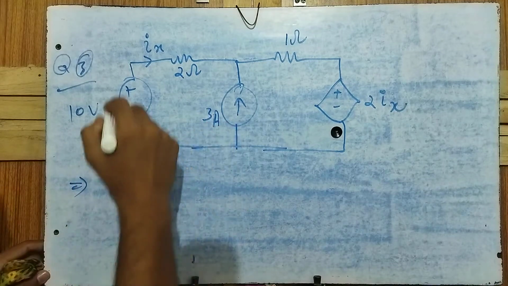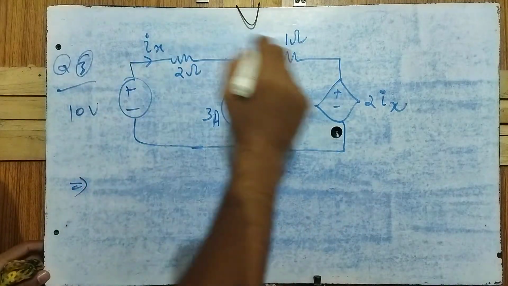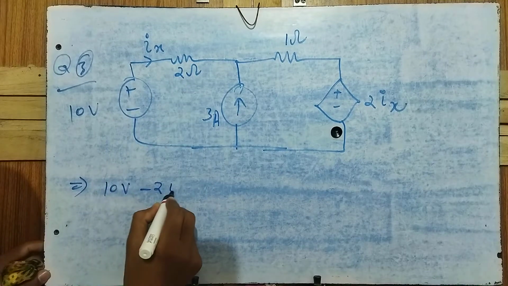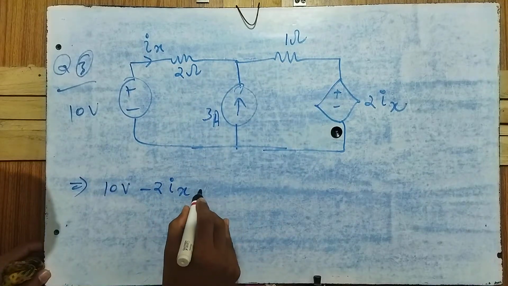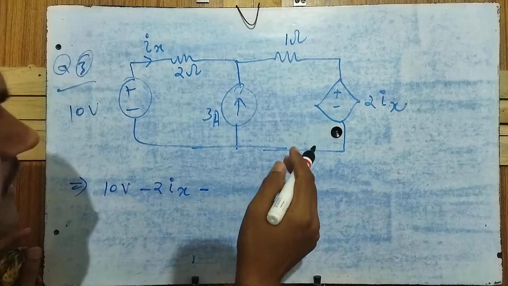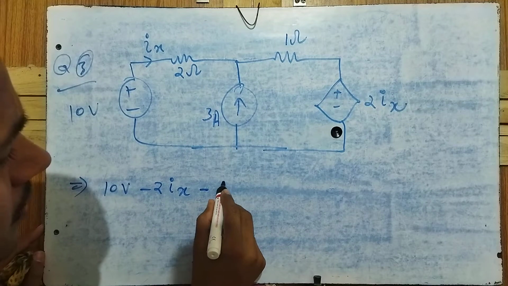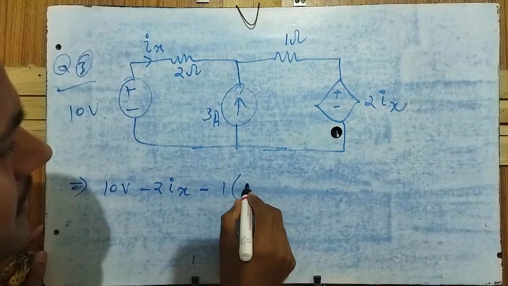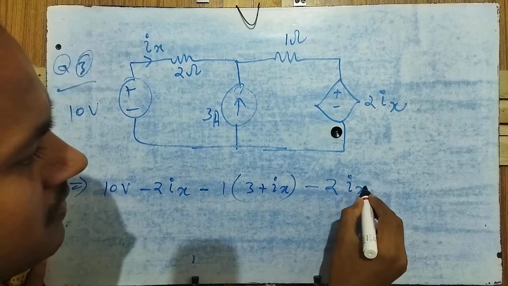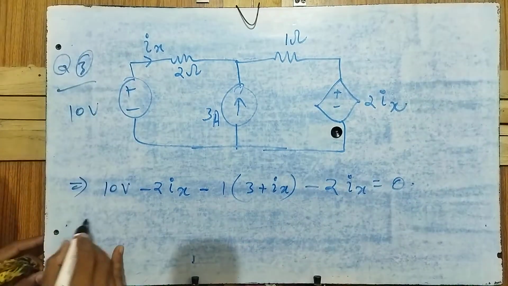Very easy. Apply KVL in the outer loop. So 10 volt minus 2Ix minus 1 into (3 plus Ix) minus 2Ix is equal to 0.